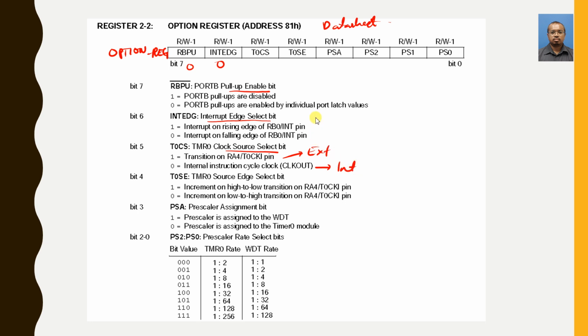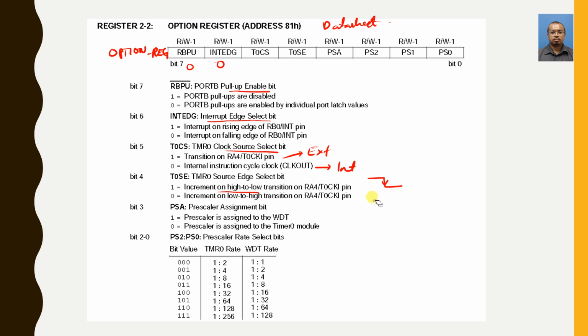Internal timer is basically taken from the system oscillator or system clock, the instruction cycle. Next is TOSE, the timer 0 source edge select bit, which means you are using positive edge triggered, from low to high, or from high to low, which is negative edge triggered.